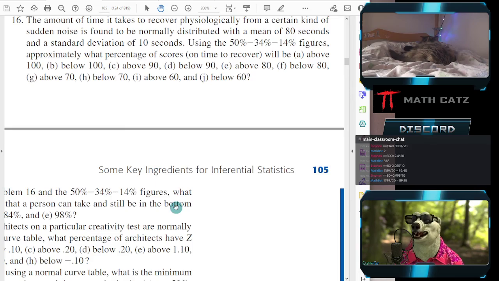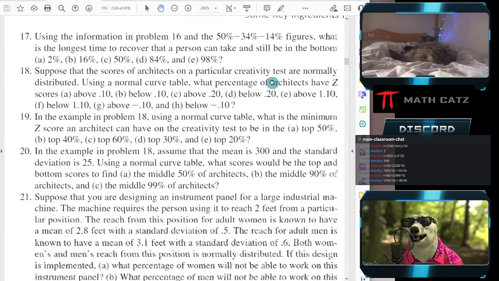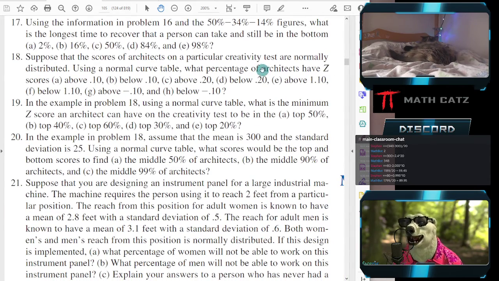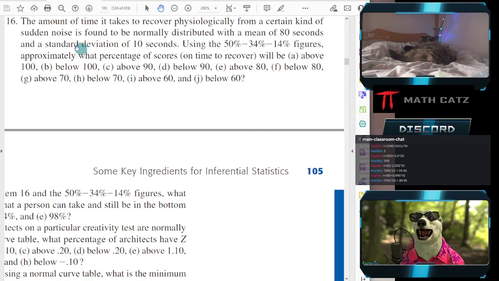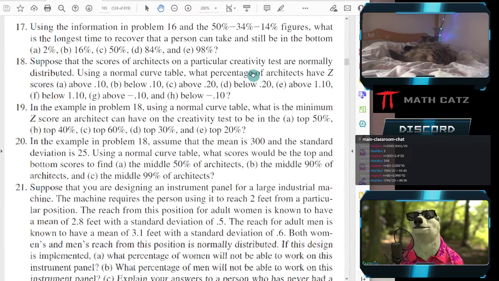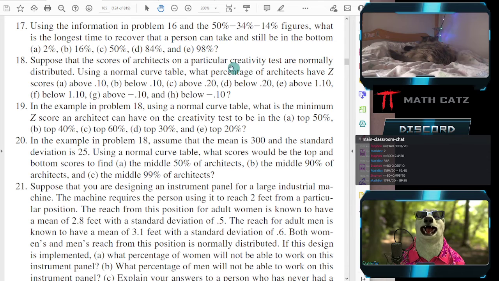Question 17. 17 is over here. Using the information in problem 16, so we again have the mean of 80, standard deviation of 10. I'm now just flipping the question and asking what is the longest time, the raw score, so that I will be in the bottom 2%, 16%, and so on.